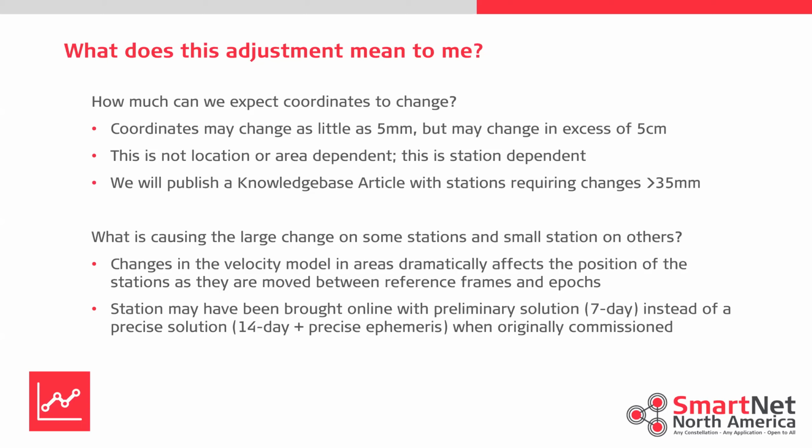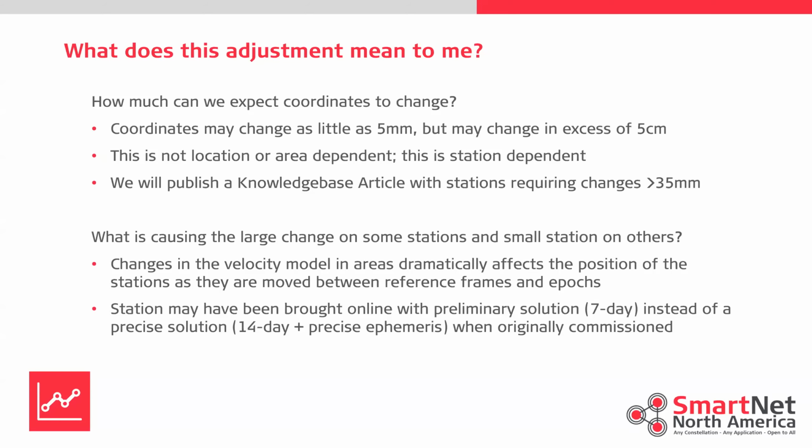One's going to have a 2 millimeter change. One's going to have a couple centimeter change. And we have no way to predict that leading up to it. So what we're going to do is publish a knowledge base article with all stations requiring greater than 35 millimeter change. And we may back this down to 25 millimeters just to give guys a little more view of that.